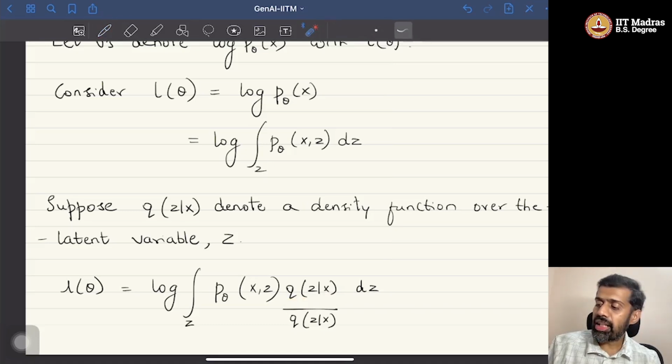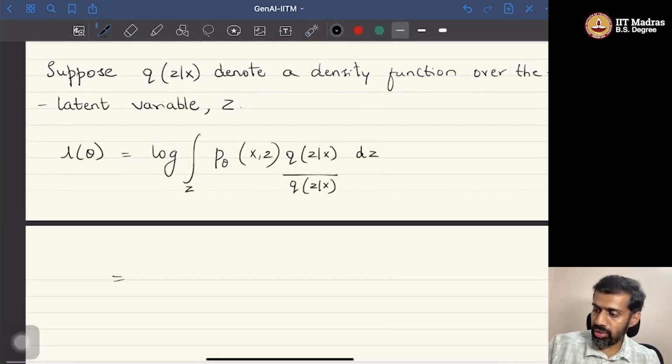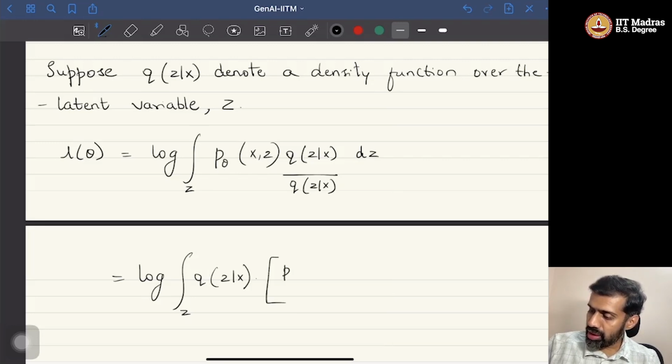Therefore, we can multiply and divide this integral with that non-negative quantity and the integral does not change. So this is equal to log of the integral of q z given x times p theta of x and z divided by q of z given x, dz.